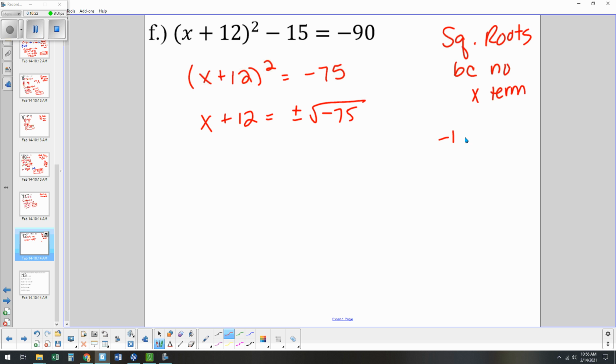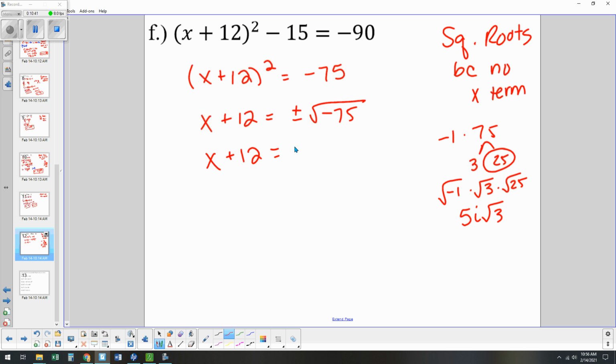So negative 75 breaks down to 3 and 25. So this is an i and a 5, and that stays as root 3. So on this side, we have 5i root 3. So now I'm going to subtract 12. And x equals negative 12 plus or minus 5i root 3.